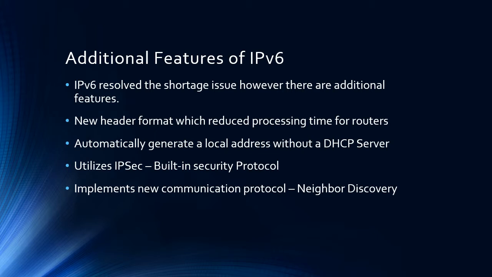This protocol also utilizes built-in security with IPsec, and it implements a new communication protocol known as neighbor discovery. This allows any IP version 6 device to communicate with other similar devices without any configuration being made.